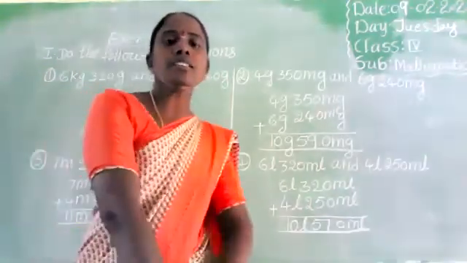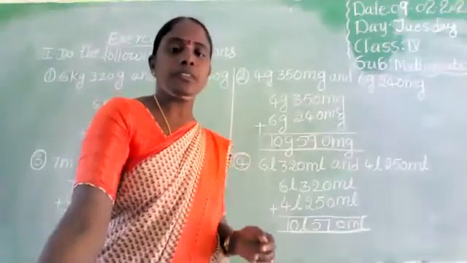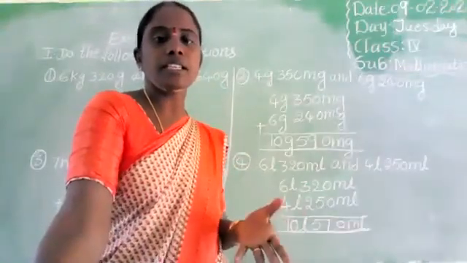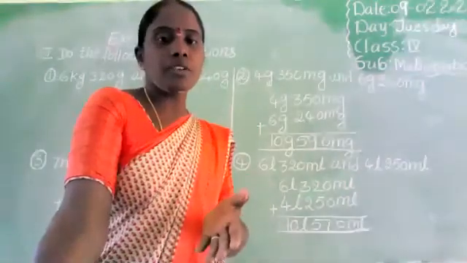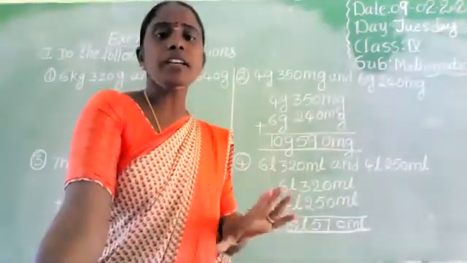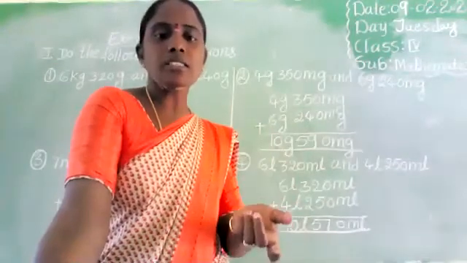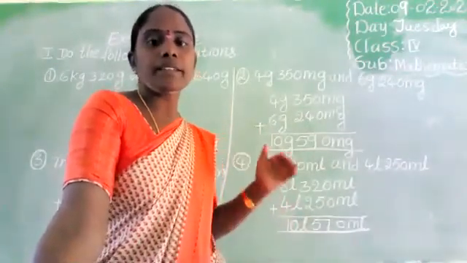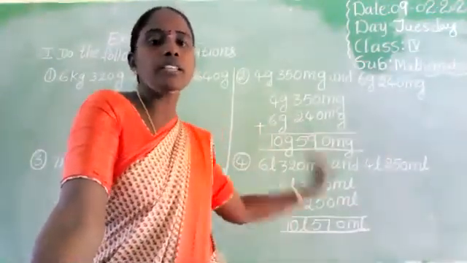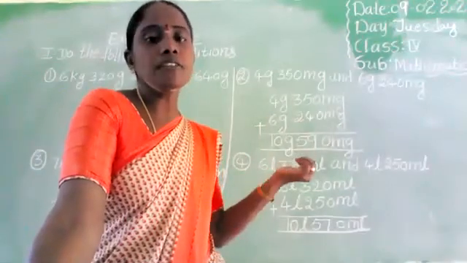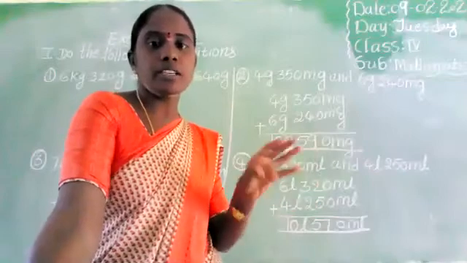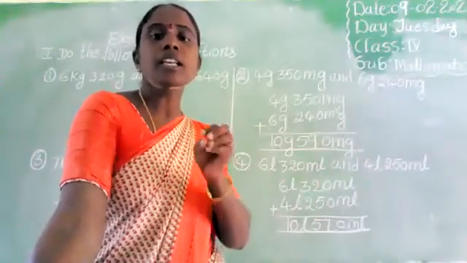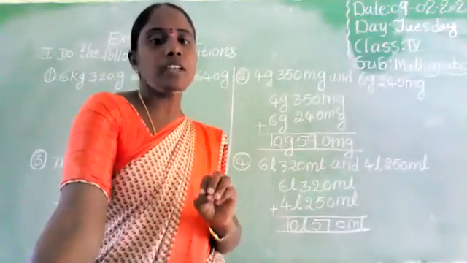As it is in capacity also, milliliter, centiliter and deciliter are smaller units of capacity, and the standard unit of capacity is liter. Hectoliter, decaliter and kiloliter are greater units of capacity. This is also given in a table, that is very very important. Learn, children.